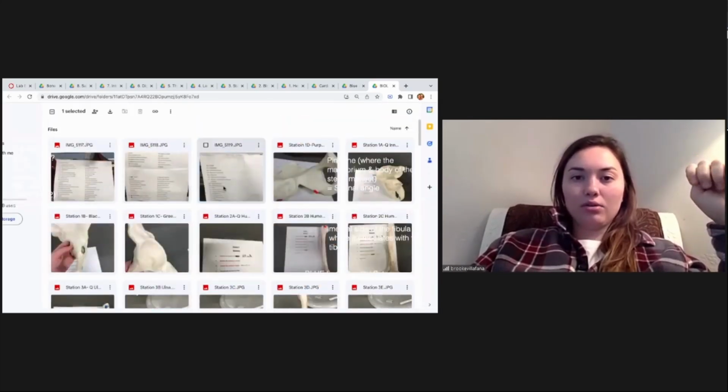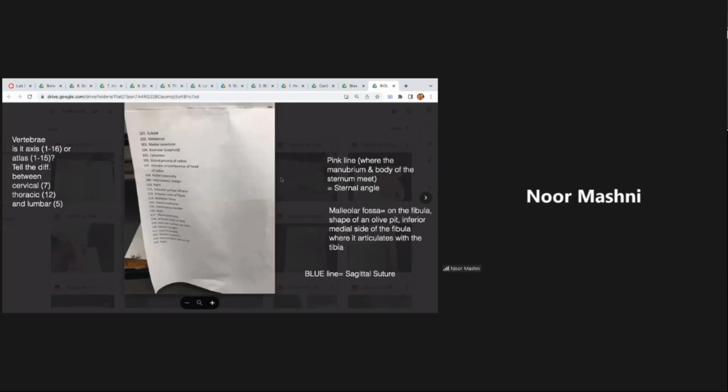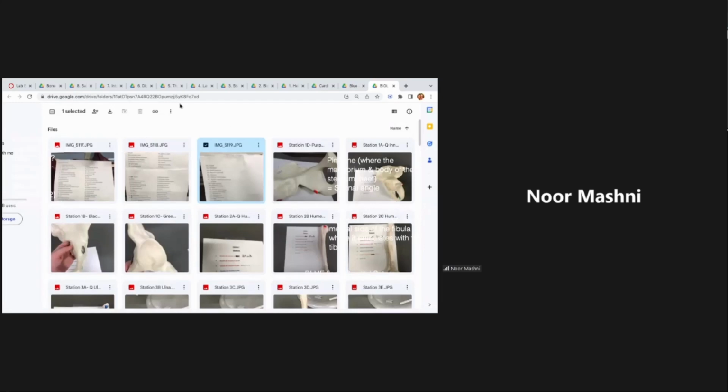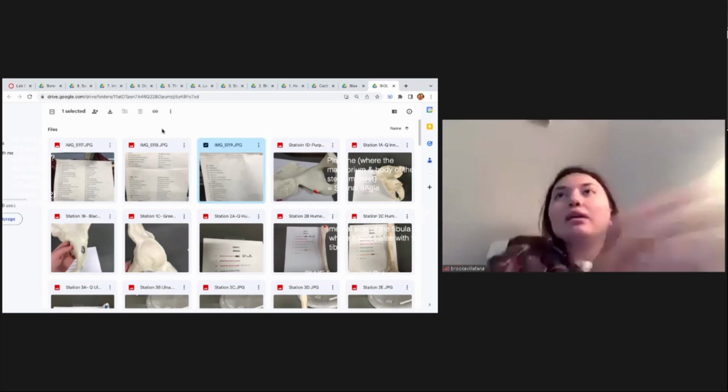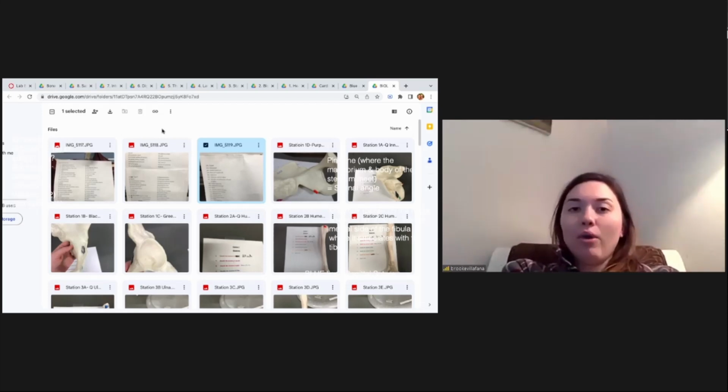I have a quick question. I don't know if you said this already, but if something on the foot or the hand has two names and only one name is on the answer and we choose that one name, would we get it wrong because it has another name? No, I'm saying, let's say it was called navicular and scaphoid, and all that you see on the multiple choice is scaphoid, you have to choose scaphoid.